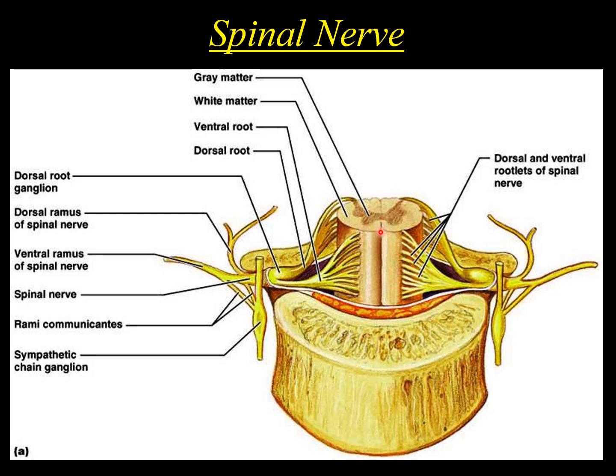So this is the anterior surface of the spinal cord, and this will be the posterior surface. From the anterior part, this projection of the H-shaped gray matter is known as the anterior horn of the spinal cord, and this projection backward is known as the posterior horn. So we have anterior horns on both sides, and posterior horns on both sides.